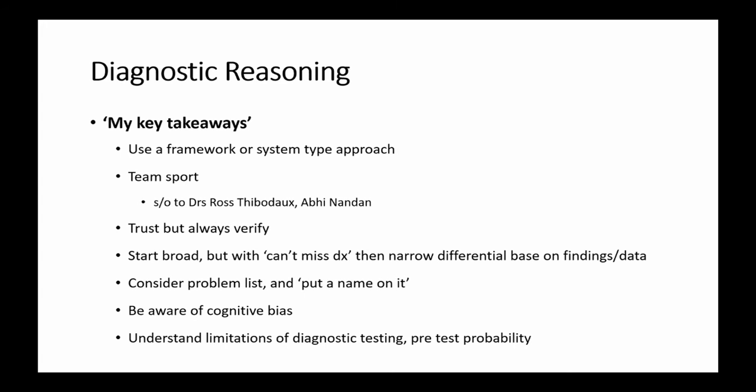When you're working on a differential, start broad, thinking of the can't-miss diagnoses, even though they may not be most likely. Think of things that the patient could decompensate quickly from, and then narrow from there. Consider a problem list like we did. Putting a name on certain symptoms can actually help work through a differential.